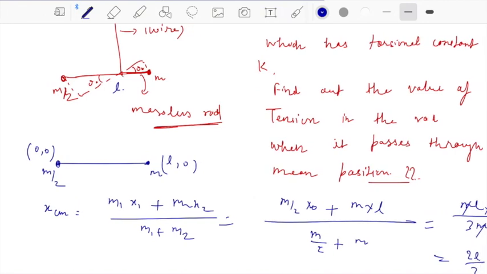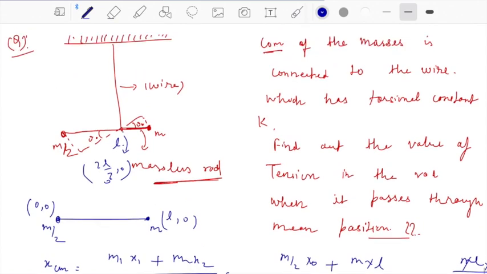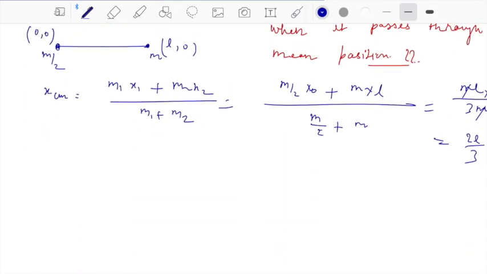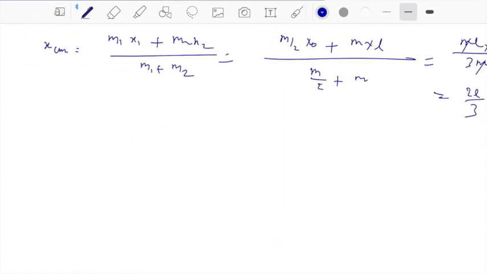That means the center of mass will be at 2L by 3 comma 0. Now you got the point by which the rod is rotating. It is at 2L by 3 distance from the mass m/2, and definitely then the mass m will be at L by 3 distance, because the total length is L.